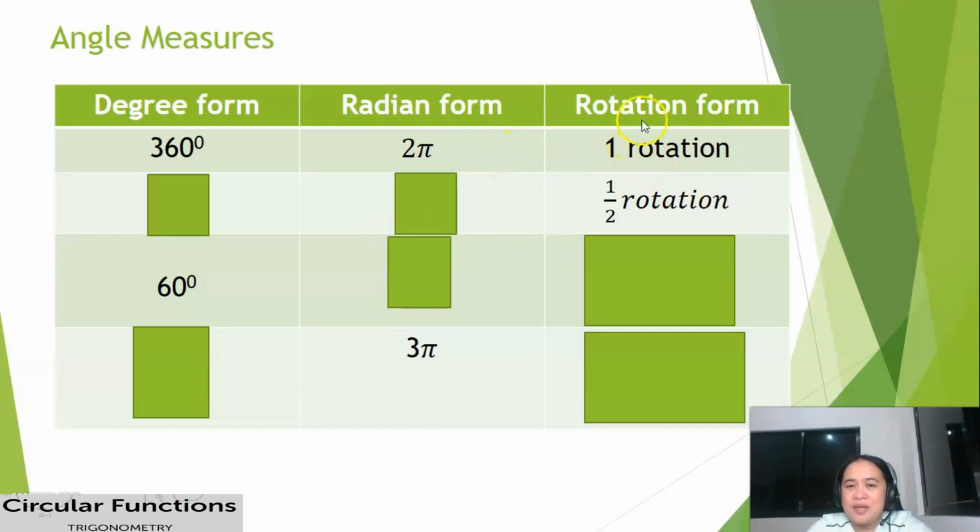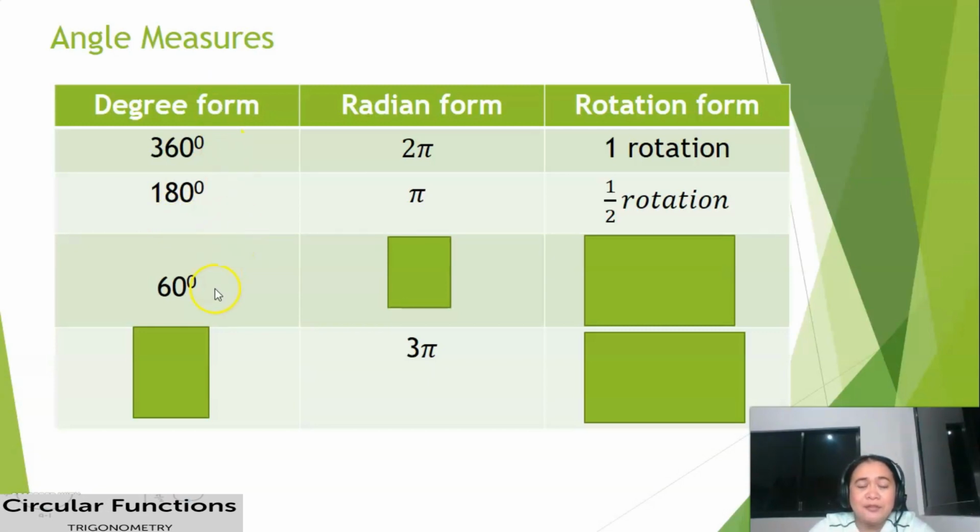If it's only half of a rotation, meaning a semicircle, the degree form would be 180 degrees, and of course the radian form would be pi. Take note, in trigonometry, pi is equivalent to 180 degrees when we're talking about angle measures.